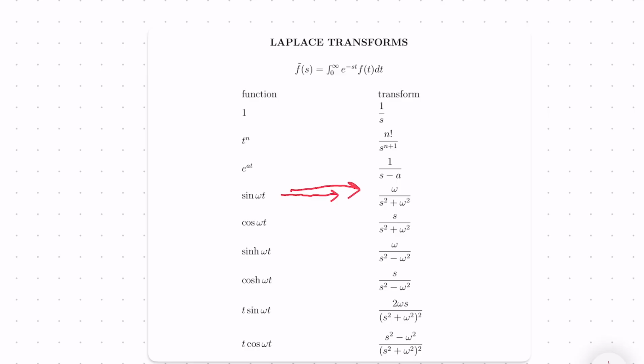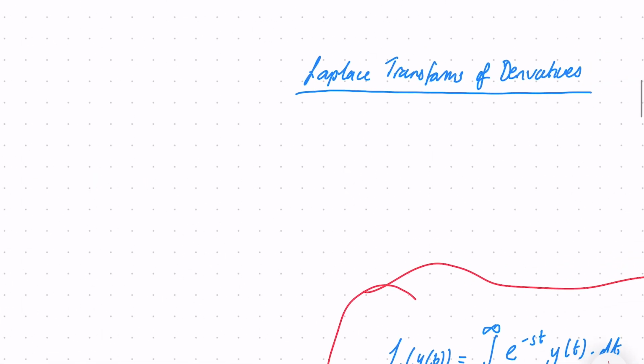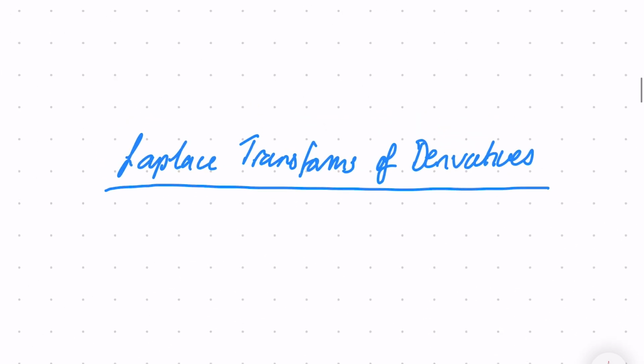It's fun and interesting to derive that using some integration by parts, and it's a nice activity to do. Be careful with your signs and take it slowly, enjoy the process, and you can get from sine omega t to that, and you can try that with all these different functions. So we've derived the Laplace transform for the first derivative dy dt.